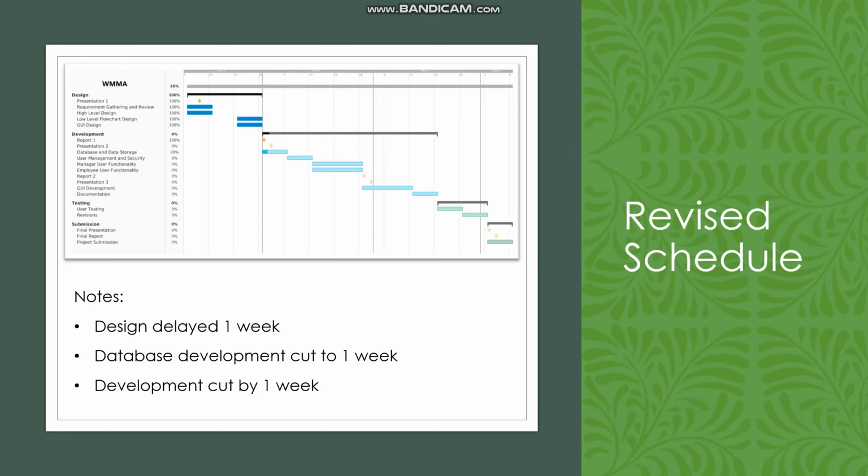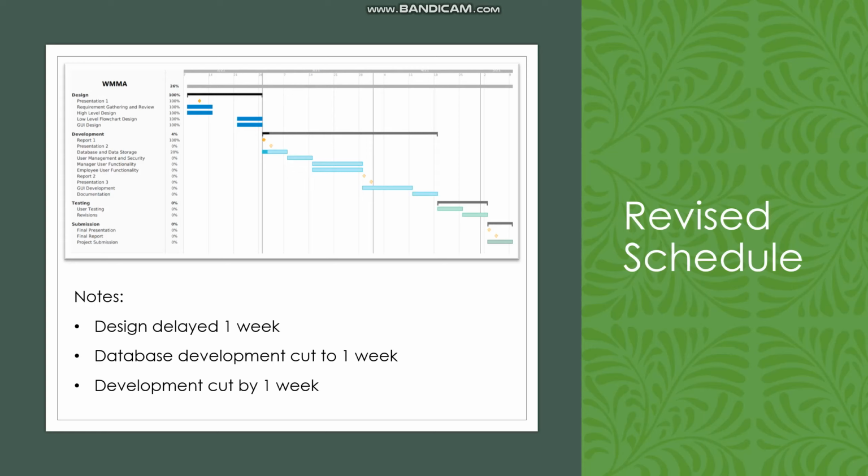So if you look at this chart, this is the revised Gantt chart that I've created for the project schedule. It looks a little different from the original because, as you can see in the design phase at the beginning, it accounts for that week of lost work in the schedule. So what I did to account for this was I cut the development phase off by a week in the beginning, and I extended design by a week.